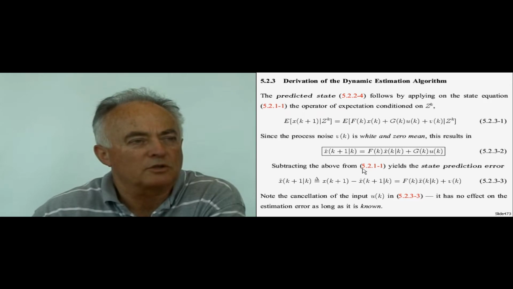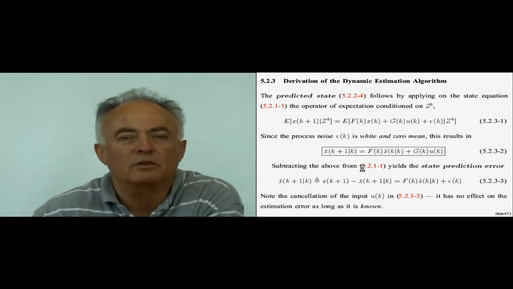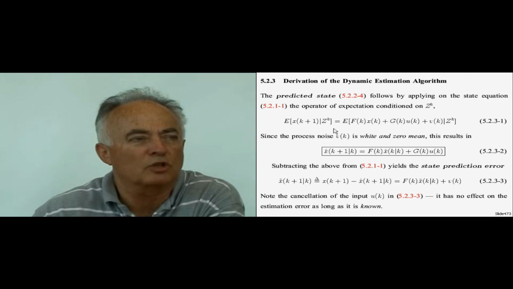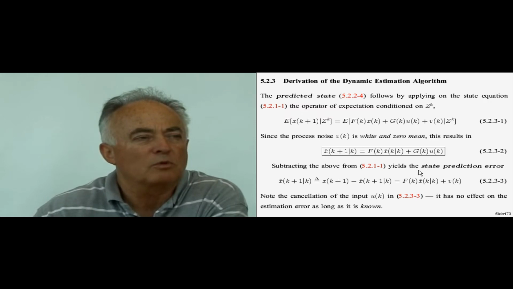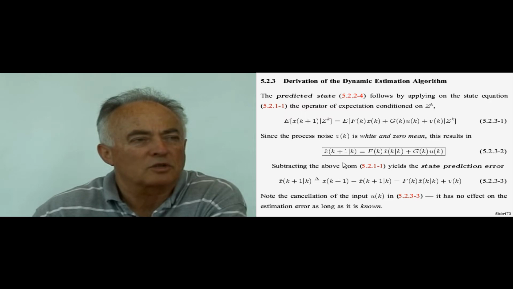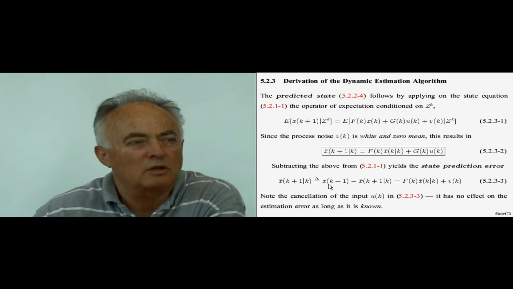Now we're interested, as a second step, to find the covariance associated with this predicted state, or one-step prediction. To this end, we will subtract the state estimate from the true state. So here we have the true state dynamic equation, here's the state estimate. So x tilde k plus 1 given k is xk plus 1 minus x hat k plus 1 given k.